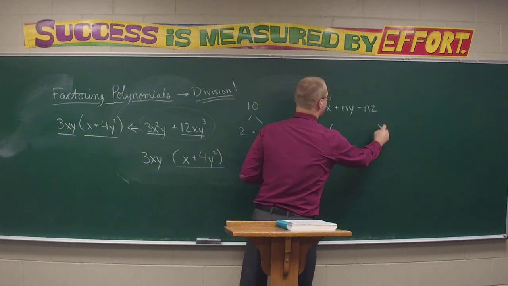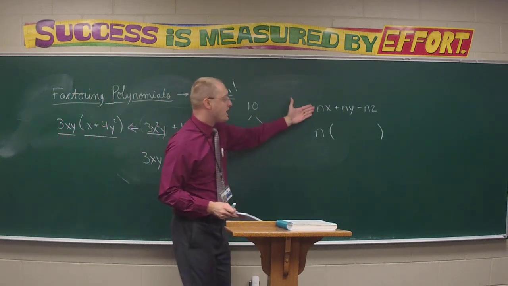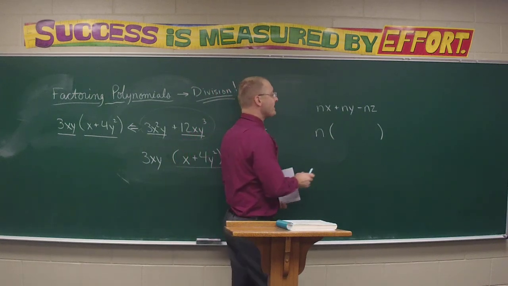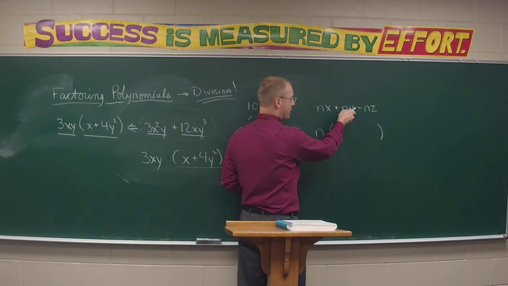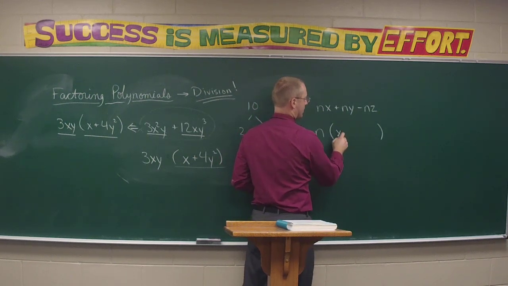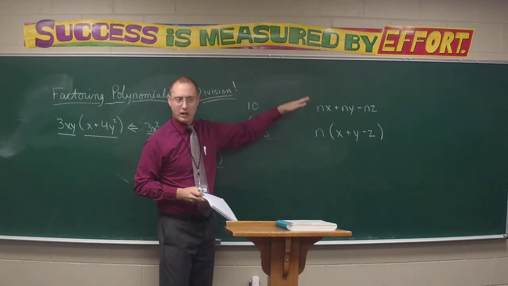And then I'm going to put parentheses as opposed to the raised dot. I'm going to divide out the n, and everything that's left would be my other factor. What's left if I divide sign, number, letter, sign, number, letter, sign, number, letter, Michael? x plus y minus z. And I have factored the polynomial.